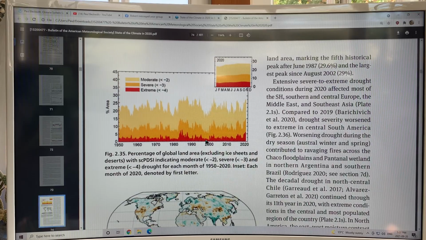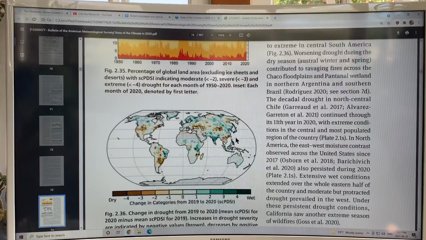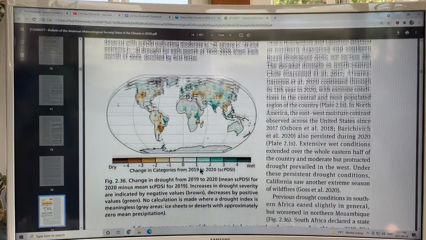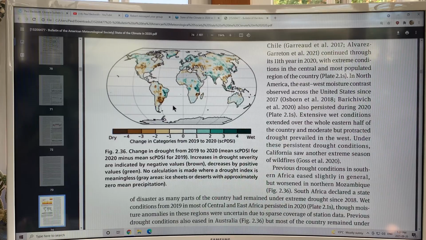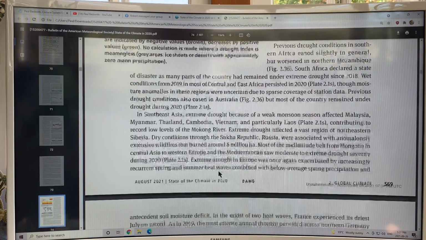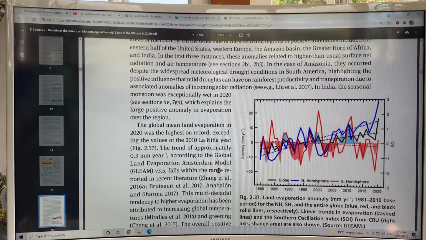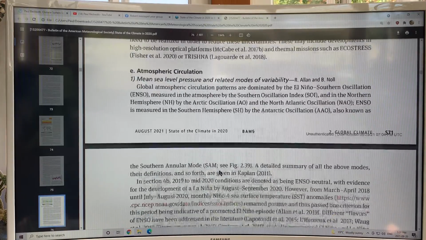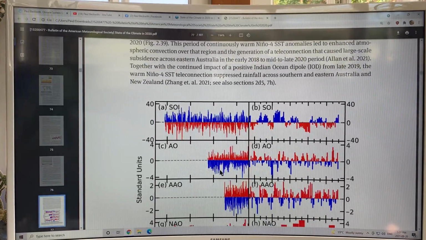We saw an uptick here of extreme drought in 2020. Changes in categories from dry areas are the brown, wetter areas are the blue. Land evaporation, and so on.